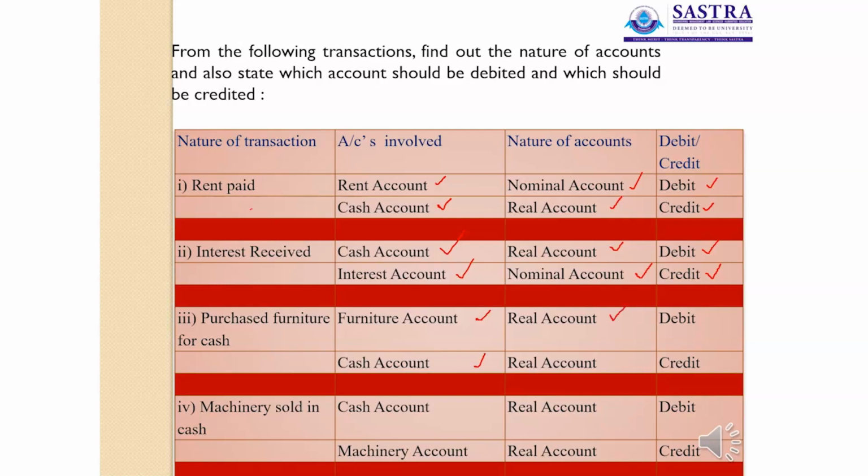Cash account is a real account. Both are real accounts. Now you have to apply the rule for real account. Debit what comes in. So furniture comes into the business, so that account will be debited. Credit what goes out. So cash goes out of the business, so that account will be credited. So here furniture account debited, cash account credited.